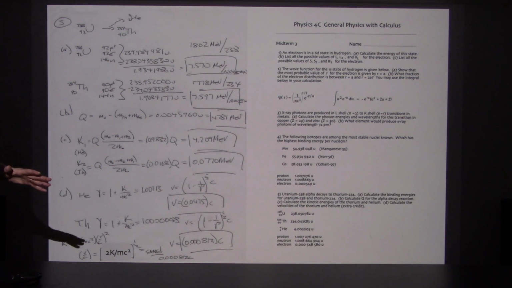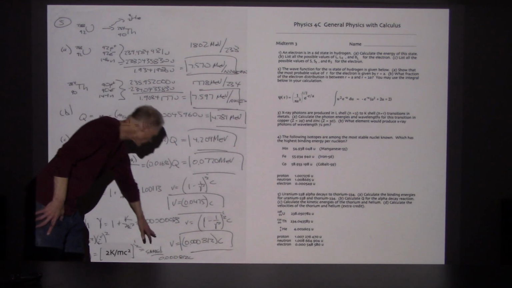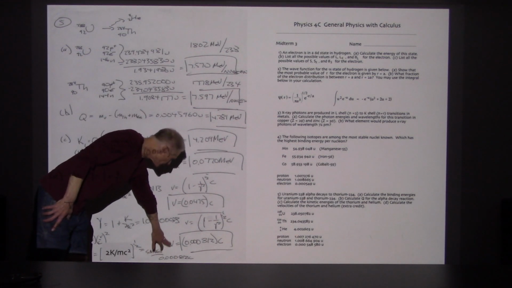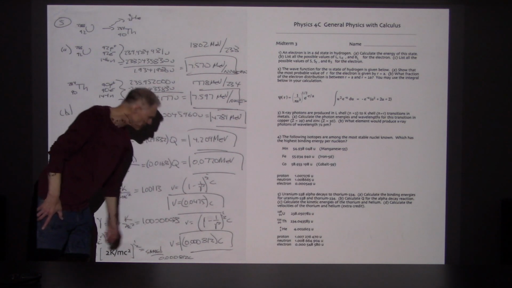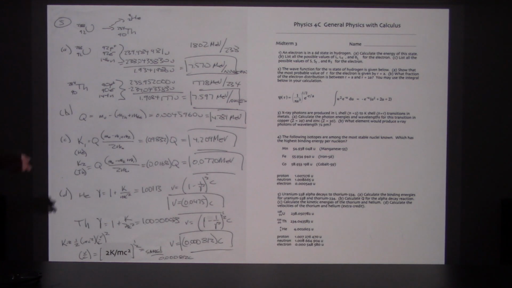That totally works if that's what you're more comfortable with. What I did find is that the classical formula approach and the relativity formula gave me the same answer to 3 significant figures. So either approach would have worked fine for the thorium.